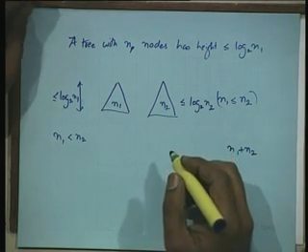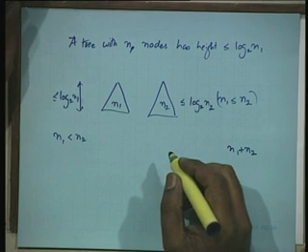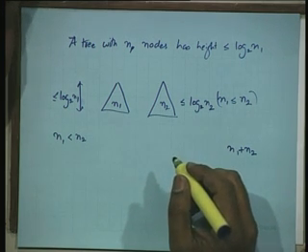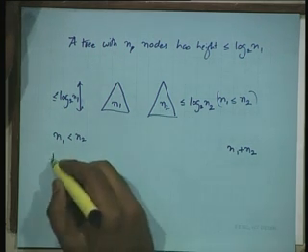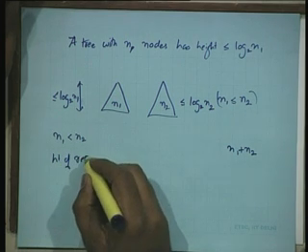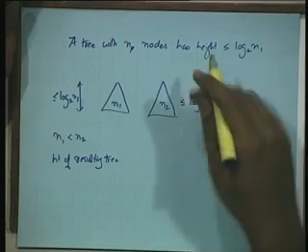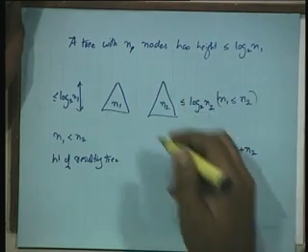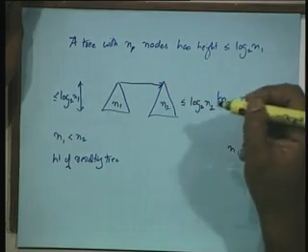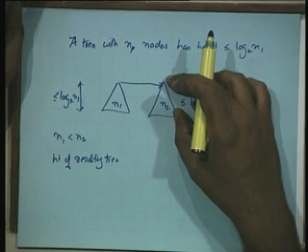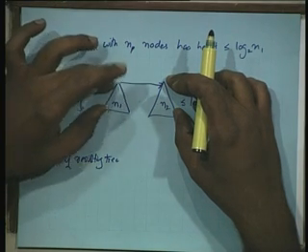The height could be, so height of the resulting tree is either the height of this tree. So, we have done this. It is either the height of this tree or it is the height of this tree plus a 1.